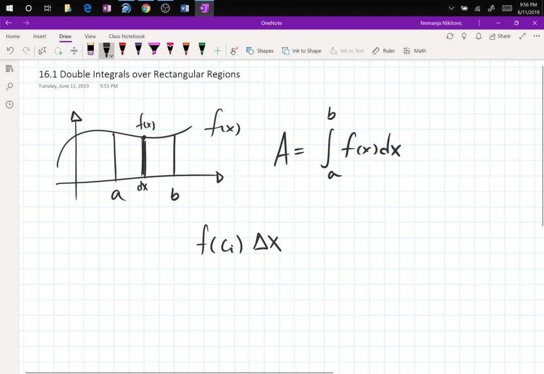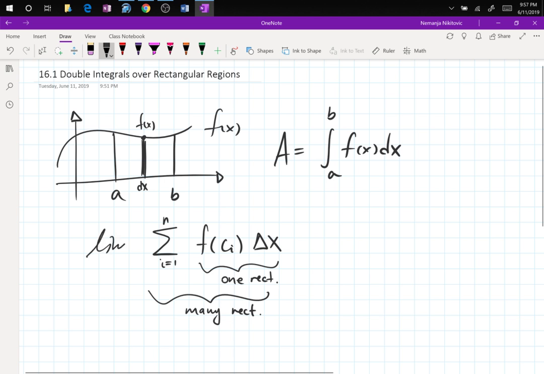If you recall anything from Calc 1, a representative rectangle is f of c i times delta x. So f of c i times delta x gives you one rectangle, and then you add them up, the summation from 1 to n, which is many rectangles.